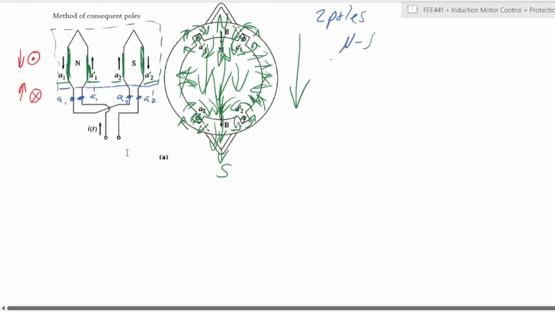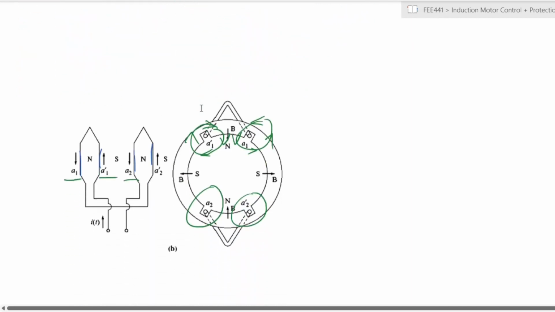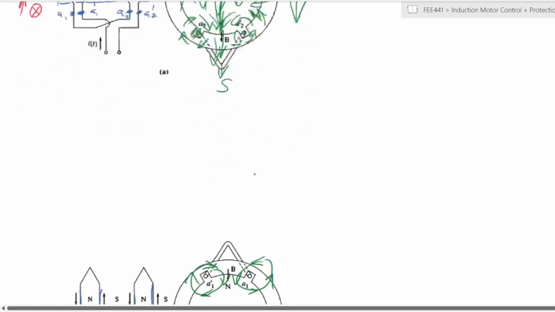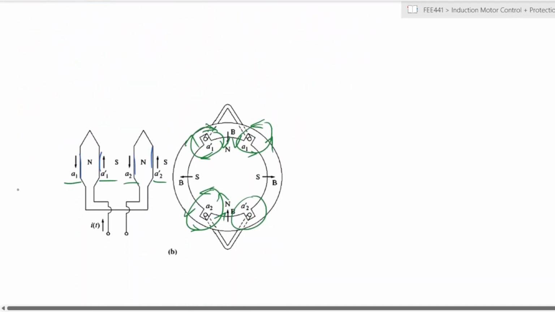So you have an opposite. Whereas we had clockwise here, you will then have counterclockwise in this new configuration. And finally, A2 prime, which is also opposite to what we had before, will then have a clockwise direction. So that looks like that.